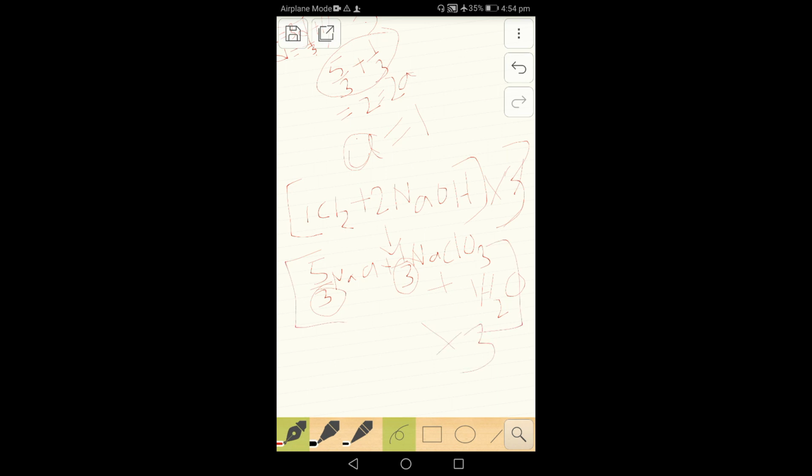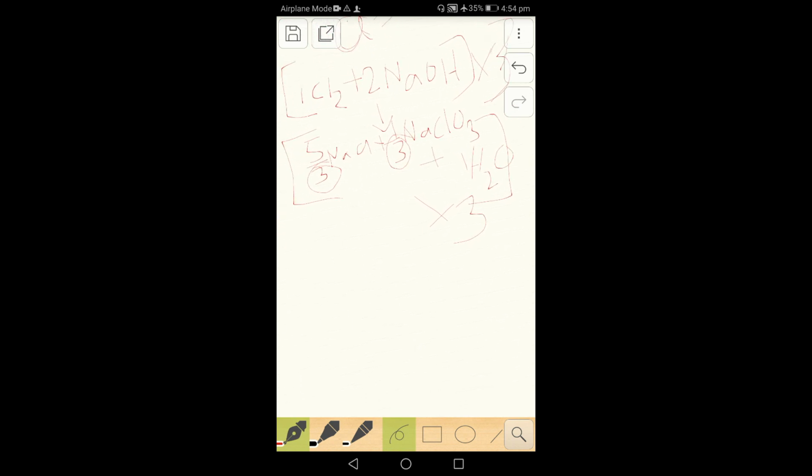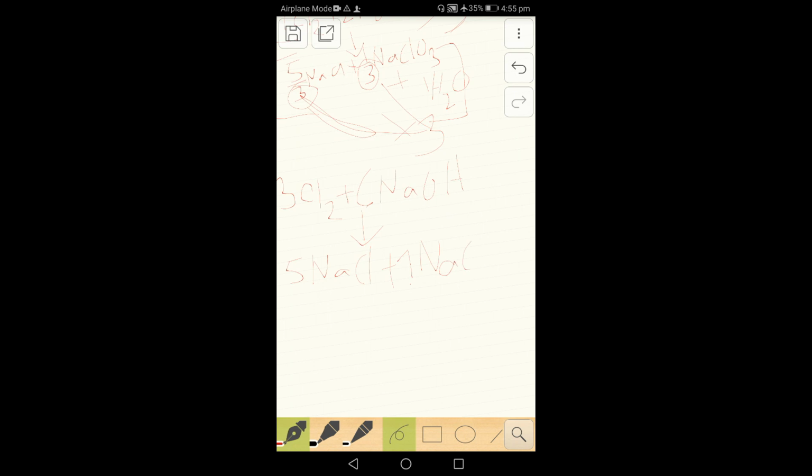So when you are multiplying by 3, what you will get is 3 Cl2, yes, 3 into 1 is 3, and 3 into 2 is 6, so plus 6 NaOH, this will give, so 3 into 5 by 3 gives you 5 NaCl, plus 3 into 1 by 3 gives 1 NaClO3, plus 3 into 1 here gives 3, so 3H2O.